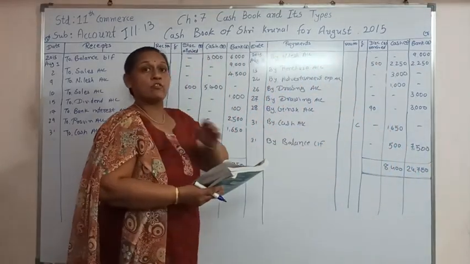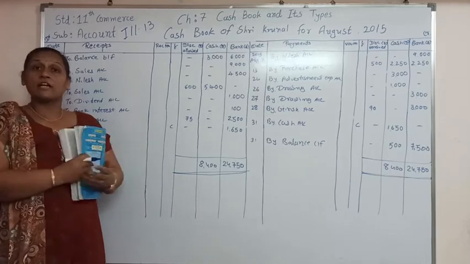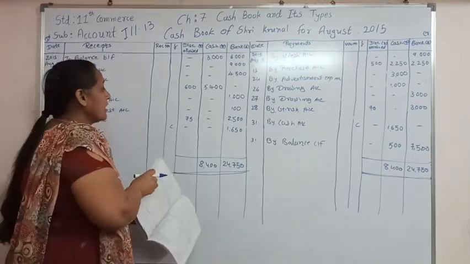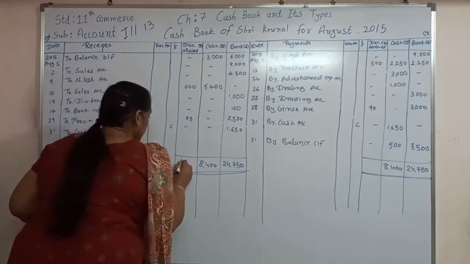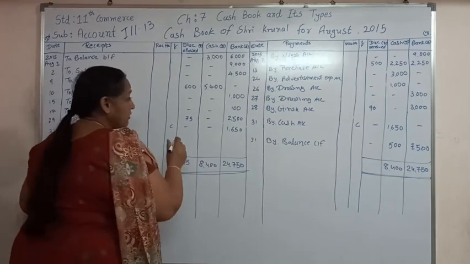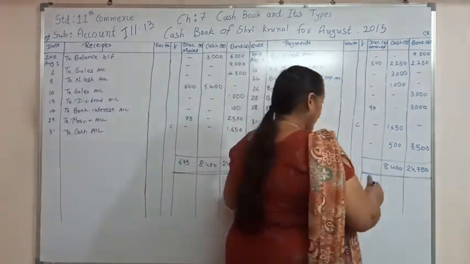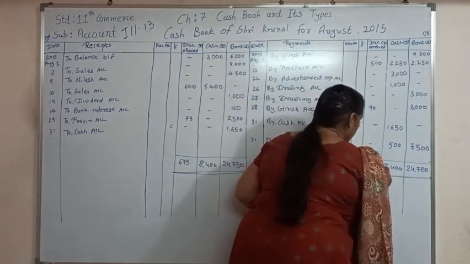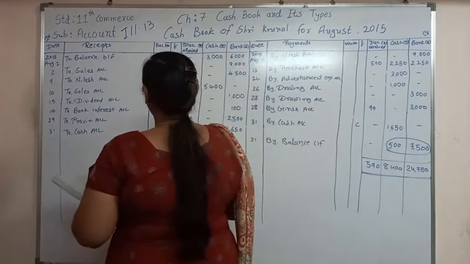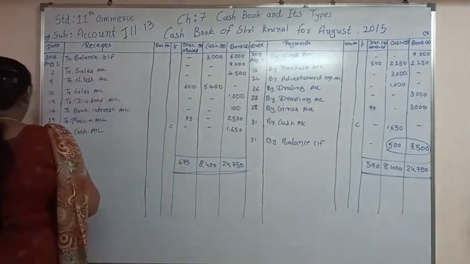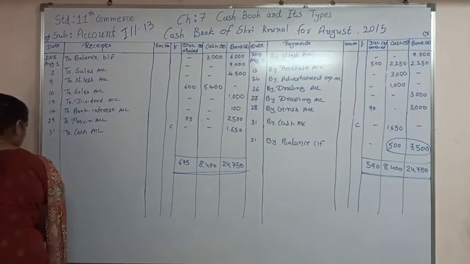And now we have to find the discount allowed as well as the discount received. So the total of the discount allowed will be 675 and the total of the discount received will be 590. And the balances that we are going to take to the next month, that will be September 1st, 2015.